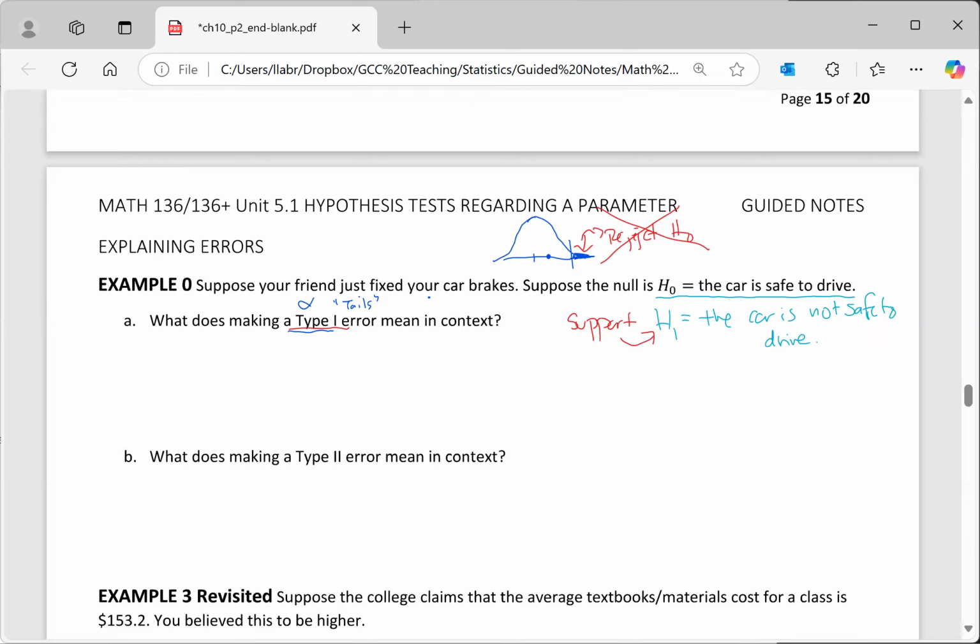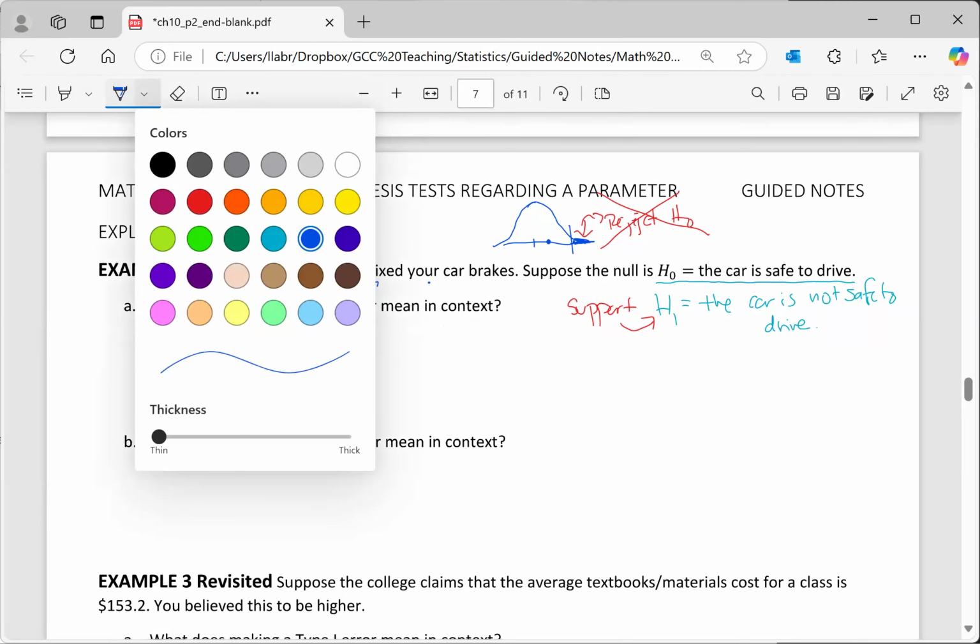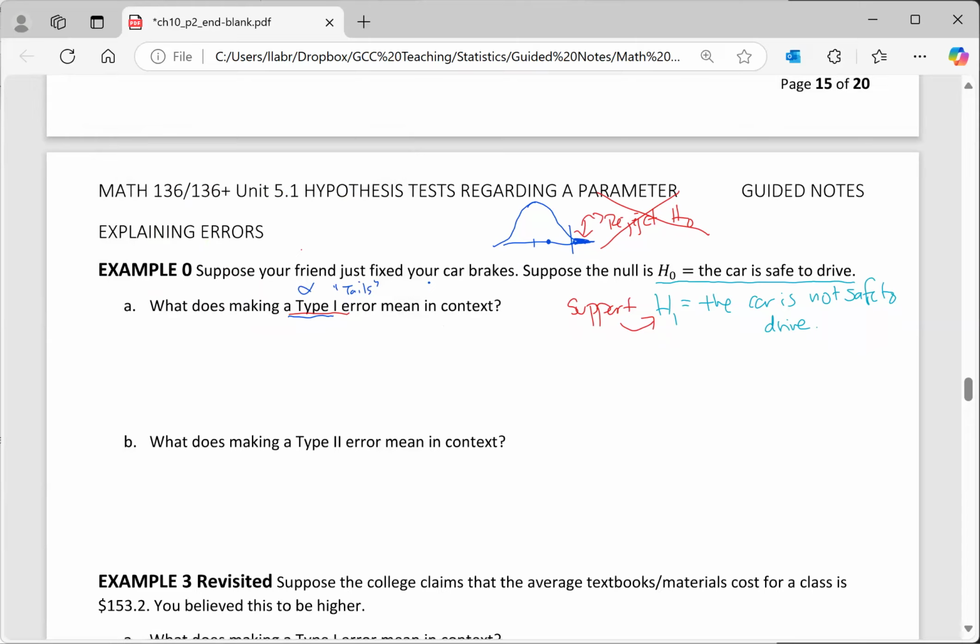It means that my sample evidence, whatever evidence it may be, maybe it's an inspection, or you just take it for like a trial run. So it basically says there is evidence to, oh no, my bad. This is not a serious error. Type 2 error would be, there is evidence to, and we said support H1.